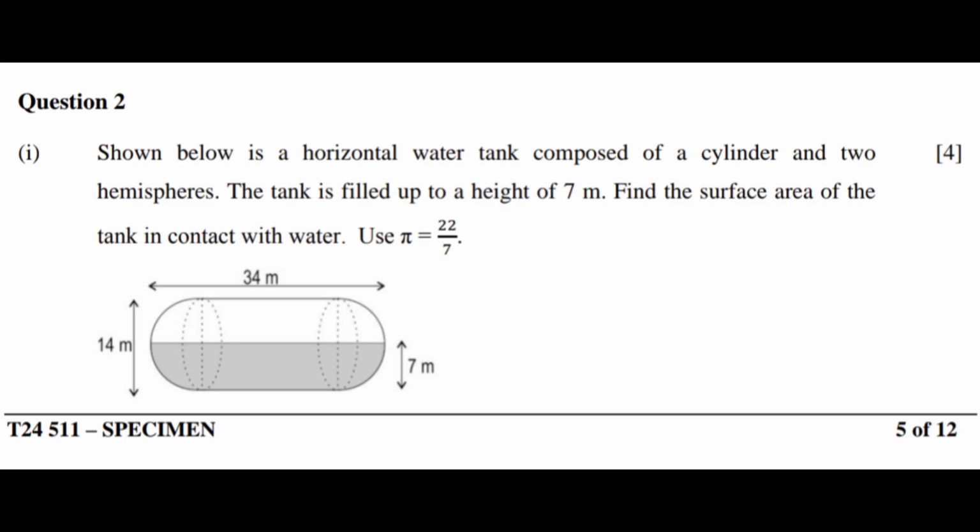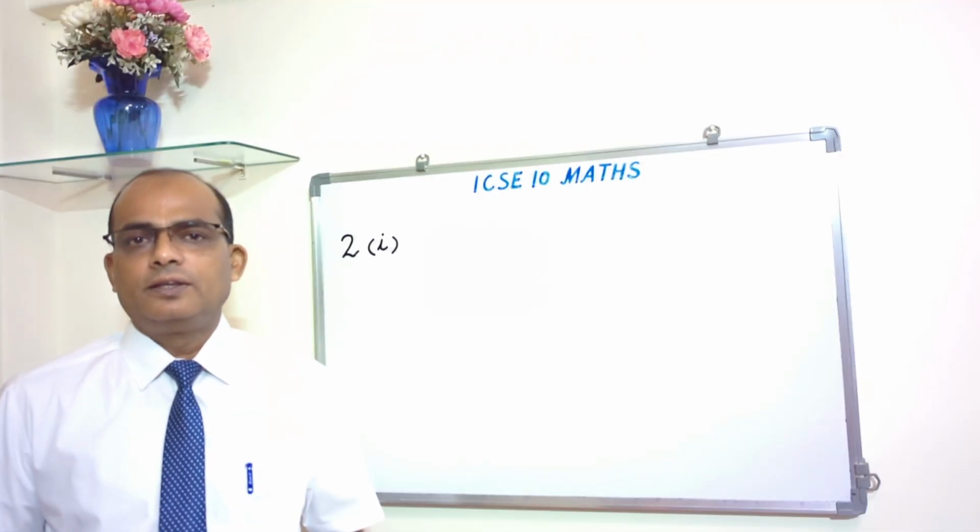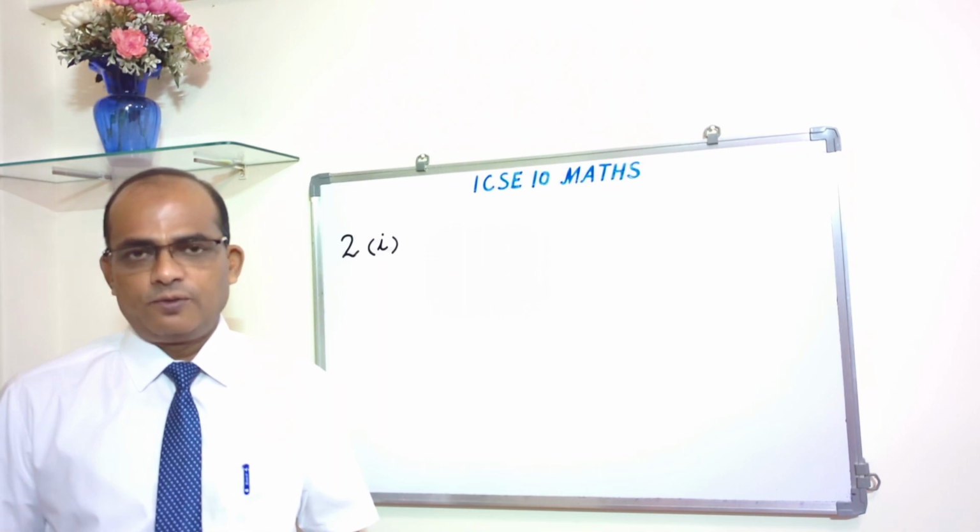The tank is filled up to a height of 7 meters. Find the surface area of the tank in contact with water. Use pi is equal to 22 upon 7. This is the question. Figure is given.